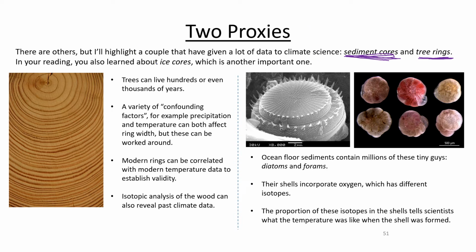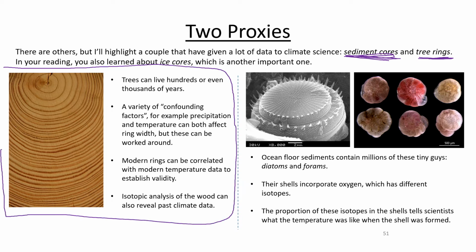So first, over here on the left, we're looking at the tree rings. Everybody's familiar with the idea of tree rings, right? So this is a cross-section of a tree. You have its first year growth right in the middle.